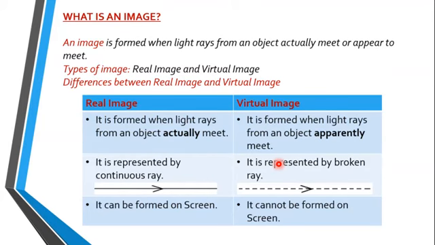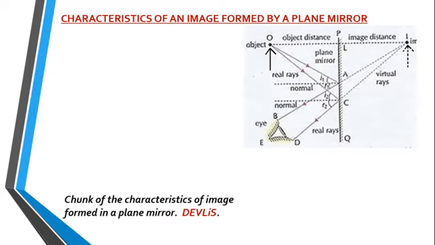Now let's look at the characteristics of image formed by a plane mirror. How is an image formed in a plane mirror? The one used for dressing, the one the barbers and the hairdressers use in their shops. Very good. So if you look at this diagram carefully, the vertical line here with a quoted back represents a plane mirror.